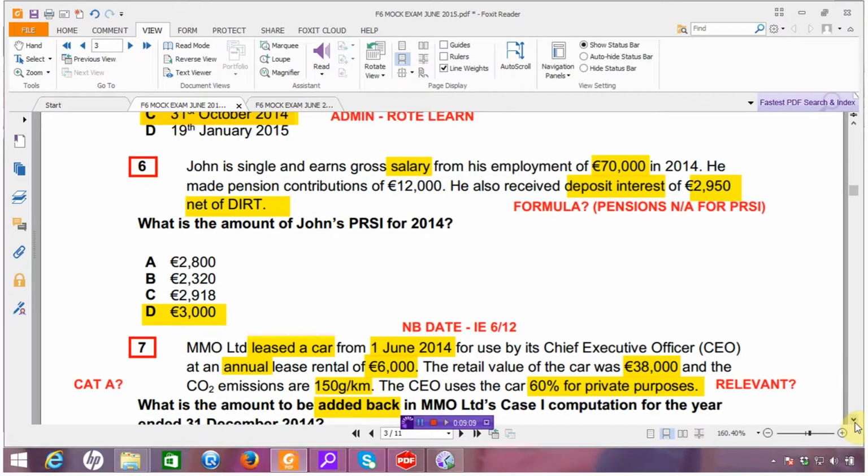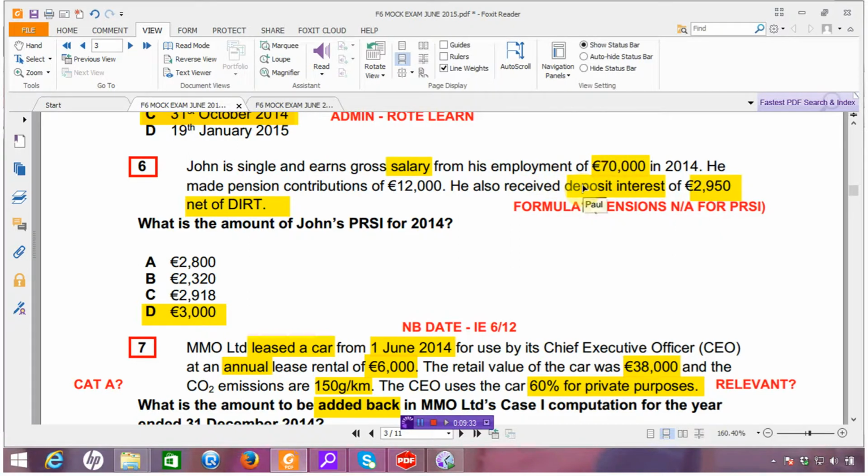Next one, number 6, we have a PRSI calculation. I certainly think with PRSI and with USC, it's worth learning that formula to establish what's relevant and what isn't, what's included and what can be deducted. In this particular case, the salary is definitely relevant.